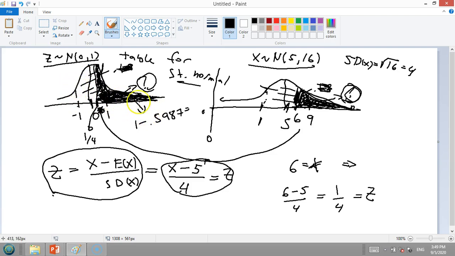This is why this is 1 minus that, because the whole thing is 1, right? And then this is 0.4013. That means this is also 0.4013 by this nice property. Okay, and that is the answer there.